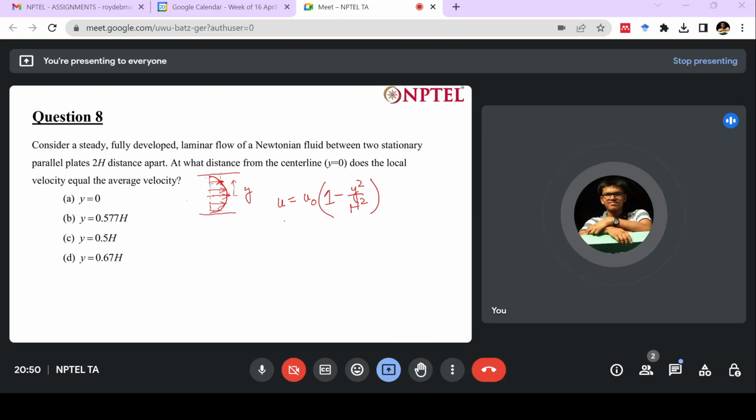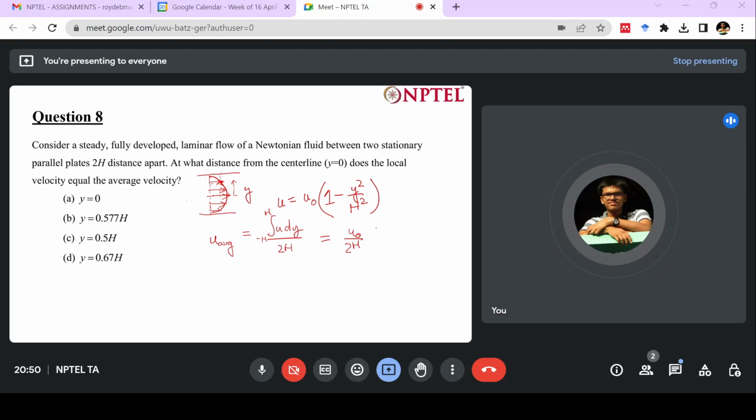So let's find the average velocity. What will be the average velocity? Average velocity will be the integral of u dy divided by my total width, which will be 2h. So y will vary from minus h till h. The u expression we know, we can put this expression here. u0 by 2h we can take outside.